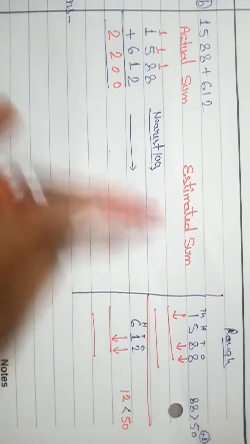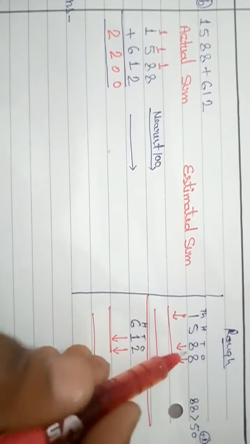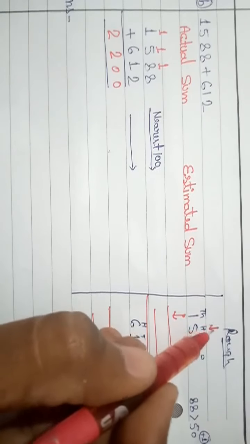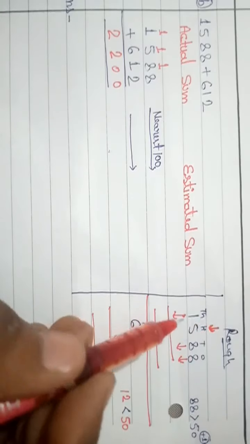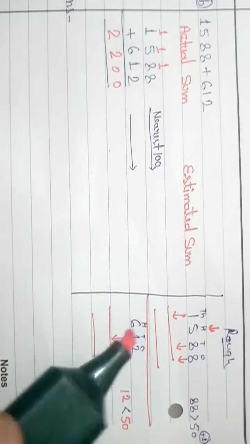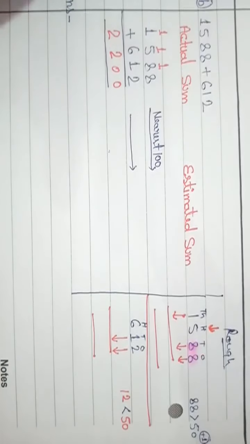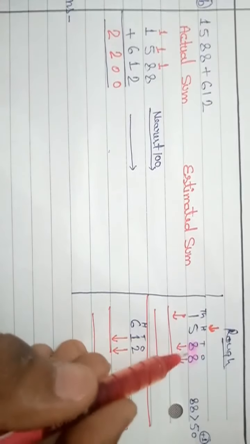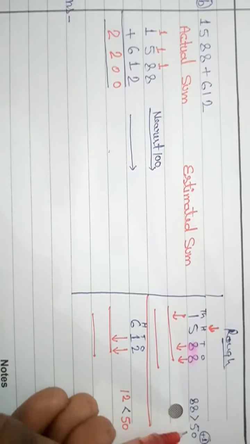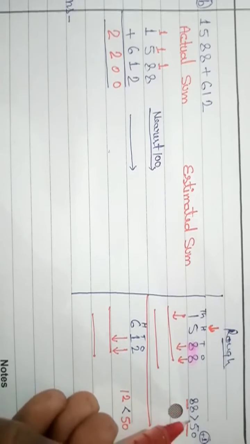Now the estimated sum, so we will find the nearest 100 of the first number, 1588. First we target our 100 place because we are finding the nearest 100. So we target the 100 place and highlight the rest of the right hand side digits. Now compare the highlighted digits with 50. The highlighted digits are 88. 88 is bigger than 50.